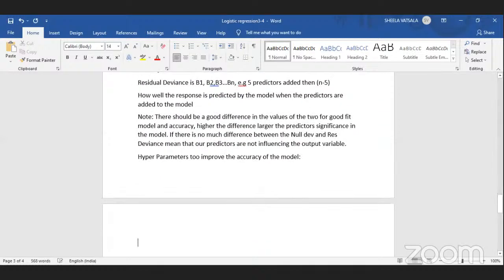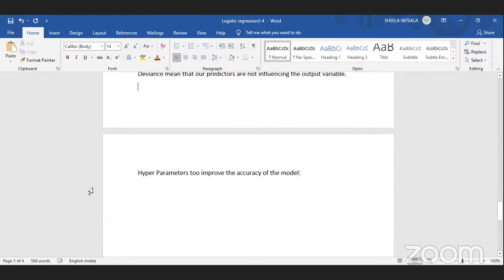Hyperparameters are typically used to reduce the errors and improve the accuracy in the model. We will see a subset of the hyperparameters commonly used in building the model.